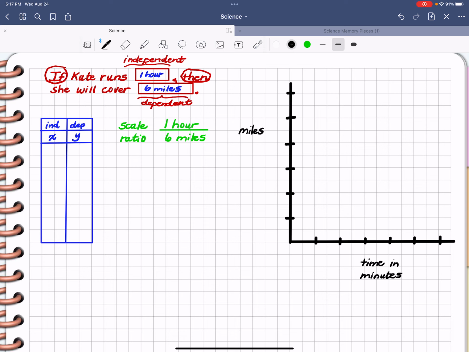So I'm going to change this 1 hour to be 60 minutes. And if I simplify that fraction, that means that she can run 10 minutes and cover 1 mile.